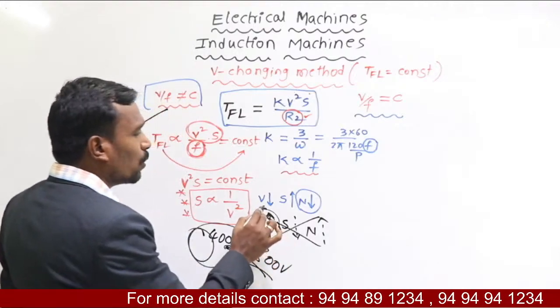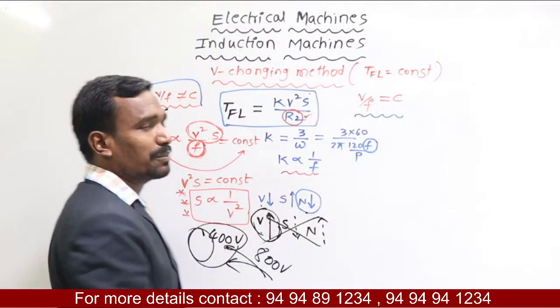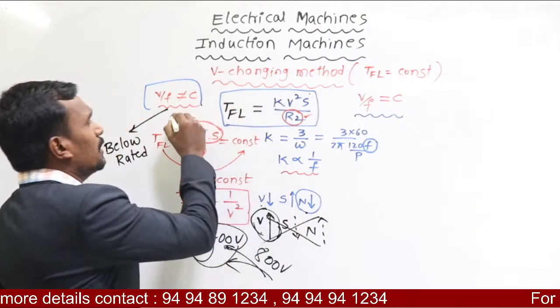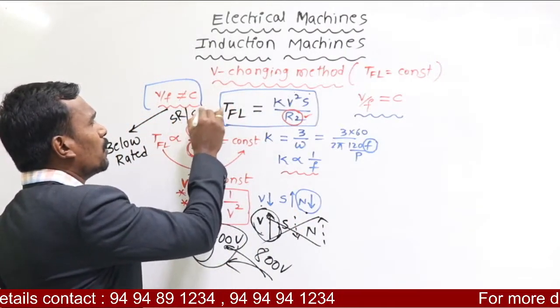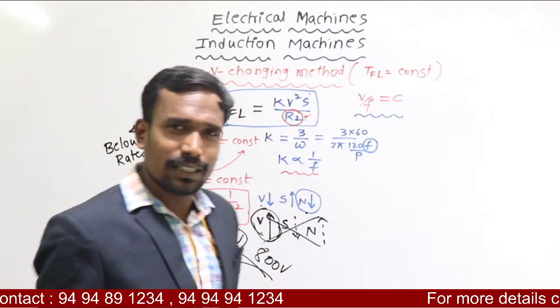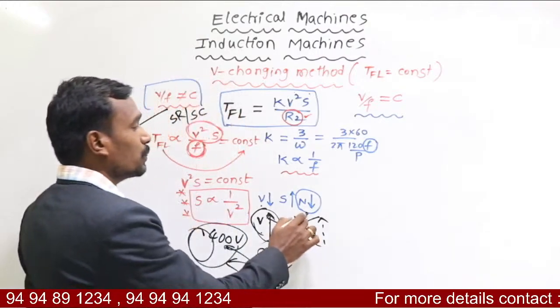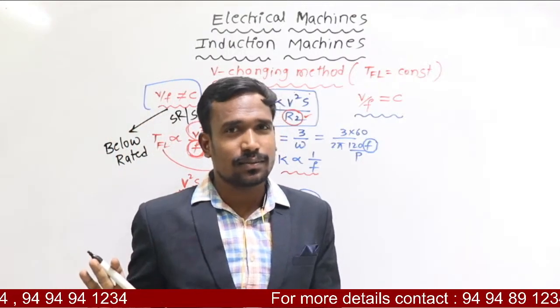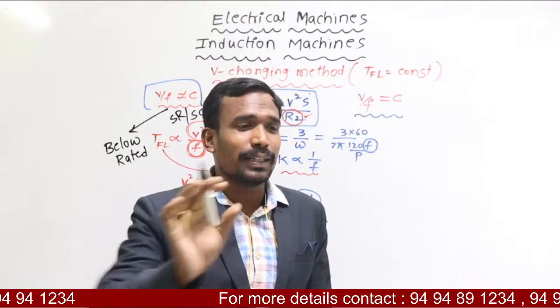That's why this is only used for below rated speed control. Of course, this is used for both slip ring and squirrel cage induction machines, no problem with that. But this is only used for below rated speed control applications.